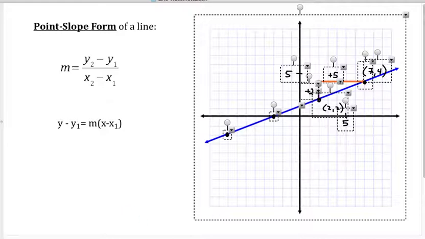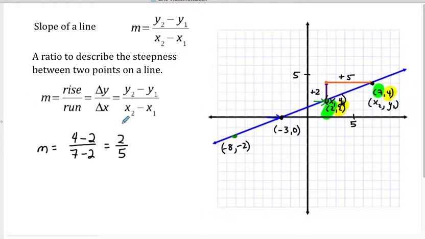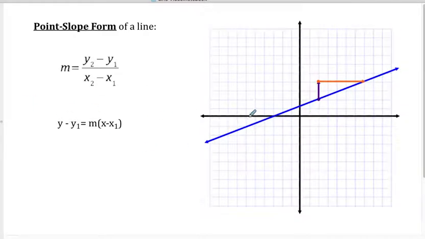Because it's so useful to have a slope, the slope of the line tells us how steep the line's going to be, but we also want to know which line we're talking about. Am I talking about this line here? Or maybe you'll notice that I could have a line with the same steepness, but it's up here.